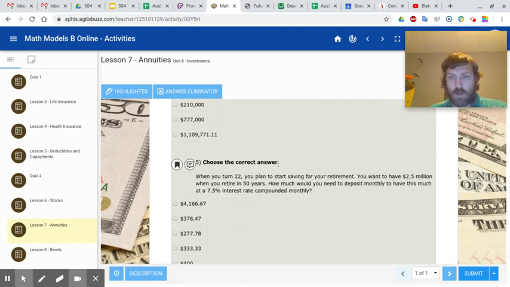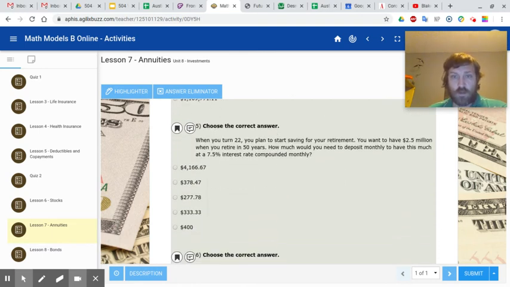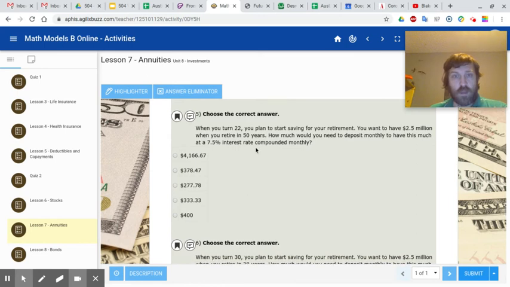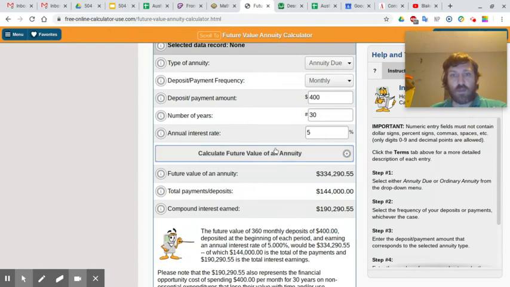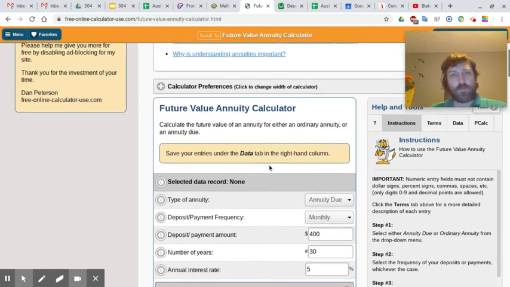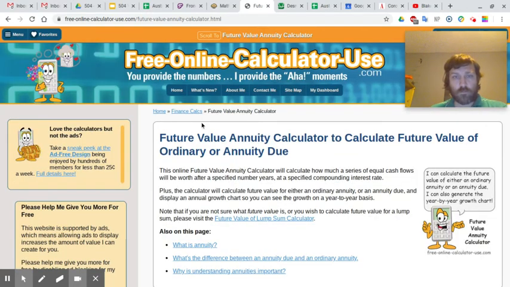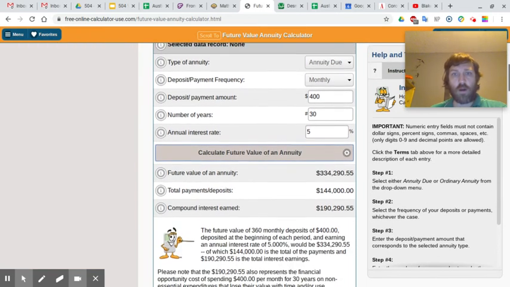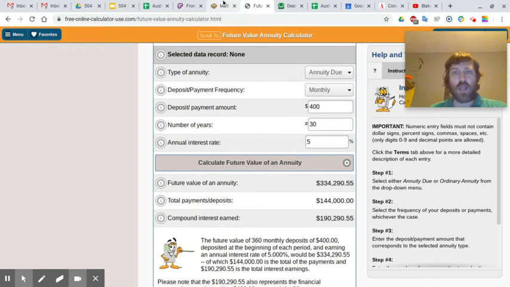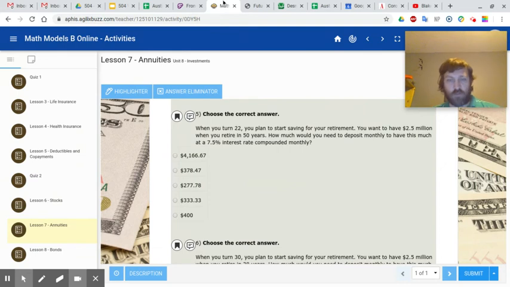Number 4. This one, you're going to need to do a little bit differently. You are going to have to do this in reverse.